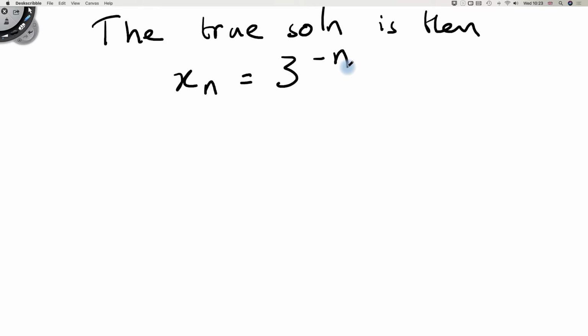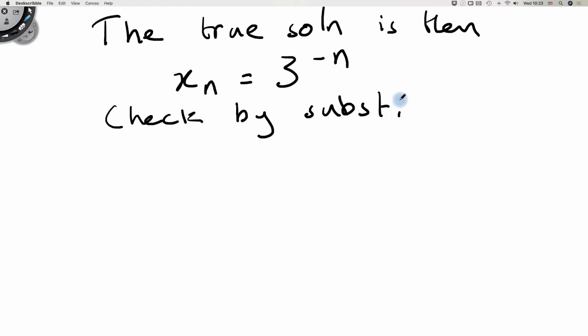What I'm going to do is just check that this is so by substitution into the recursion relationship.